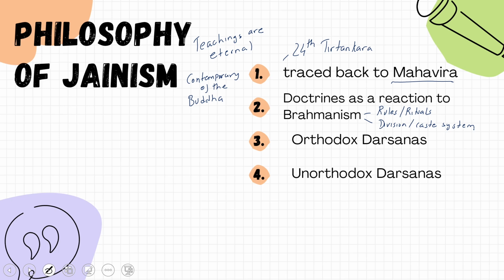Now, Brahmanism was basically a religion that was based on what? Any idea? Okay, you had the Veda and the Upanishads.